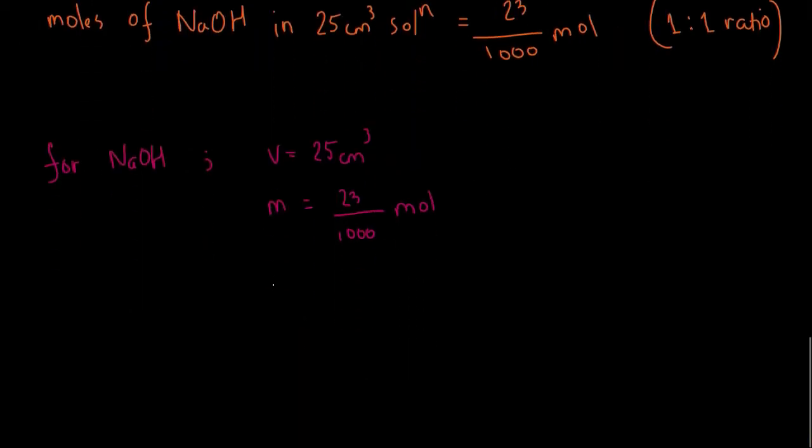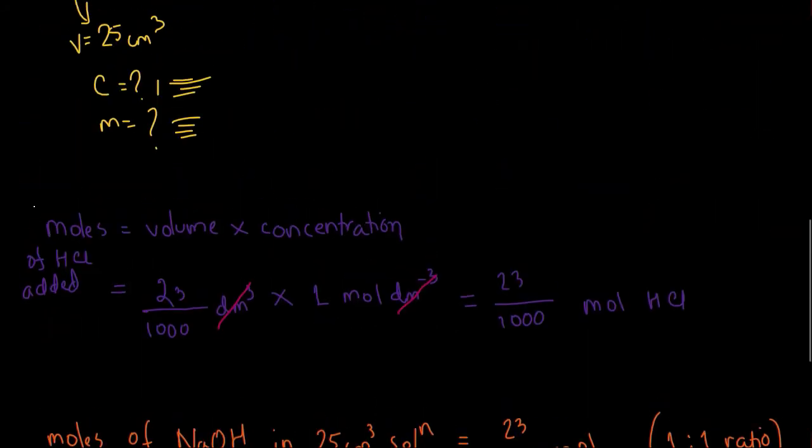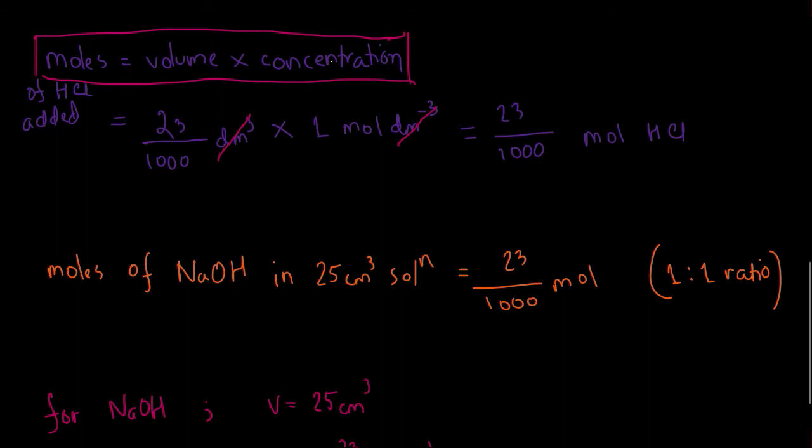Now we need to figure out the concentration of NaOH. Using this formula, moles equals volume times concentration, we're going to rearrange it, because we need to find the concentration.